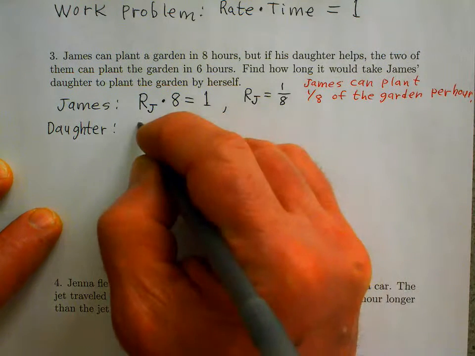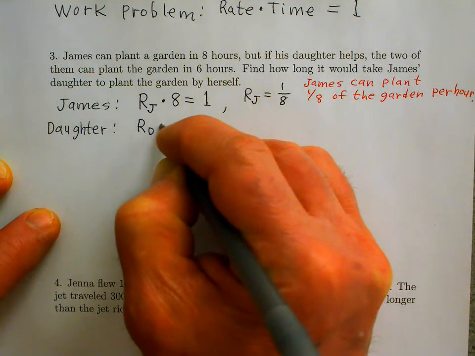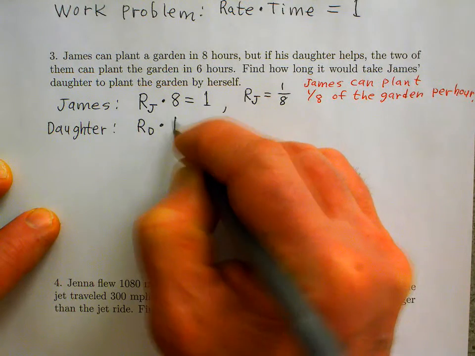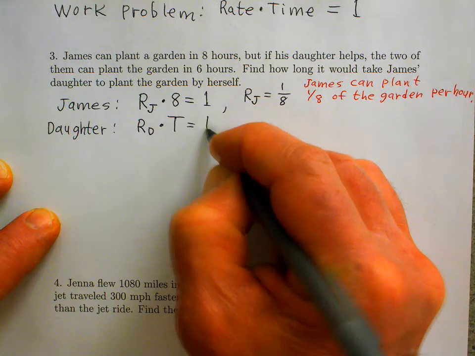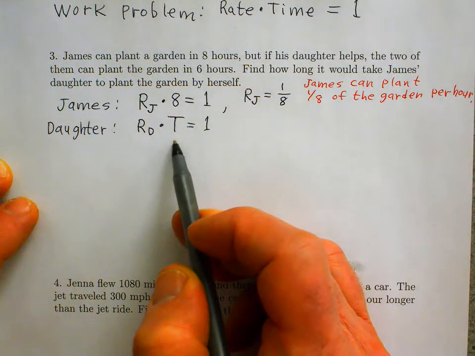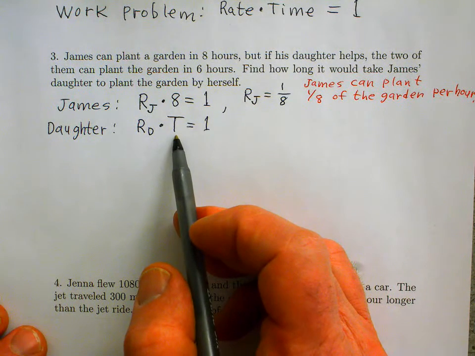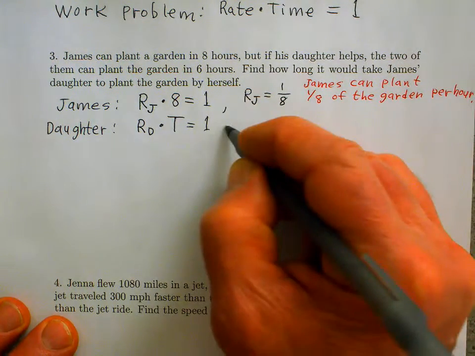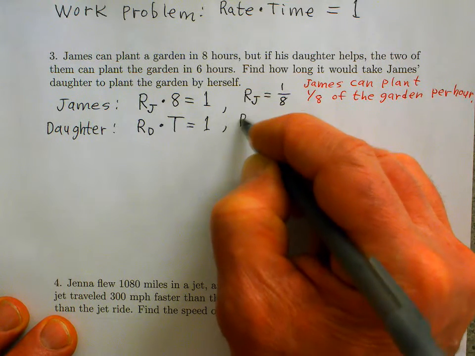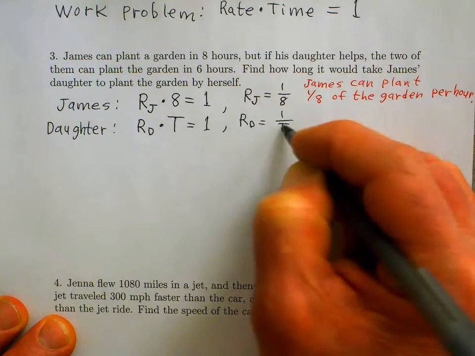So let's refer to her rate as R sub d times capital T. We don't know how much time it's going to take yet. That's what we're supposed to find. So we assign a variable to represent the daughter's rate, and so the daughter's rate is 1 over capital T.